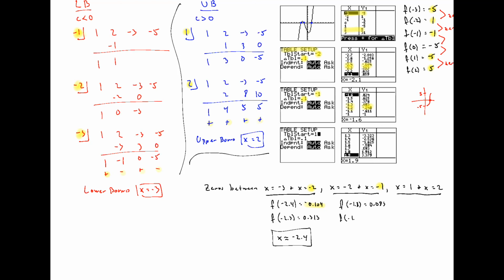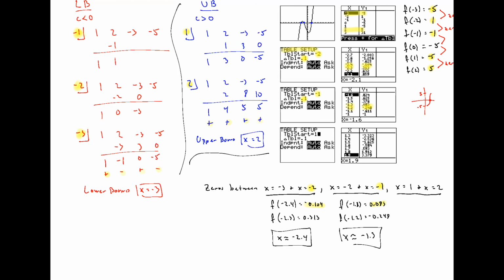And then f of negative 1.2 is negative 0.248. So which one is it closer to in terms of the nearest tenth? Well, 0.0 is closer than 0.2, so therefore x is equal to negative 1.3 approximately.